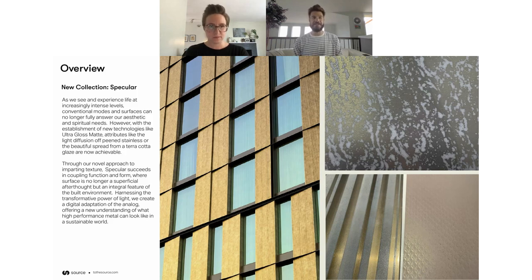And I think from a metal standpoint, light is really largely misunderstood and not utilized as much, especially for exteriors. The reason is that if you have paint, you have one gloss level that's probably going to be slightly reflective, and that's your limitation. So with Specular, this is a full project we're working on, you can see it in Toronto right now.